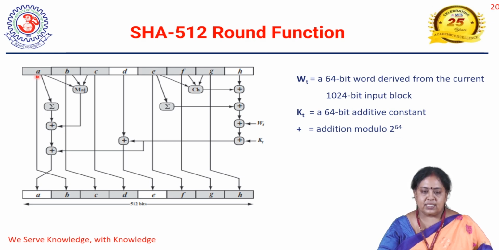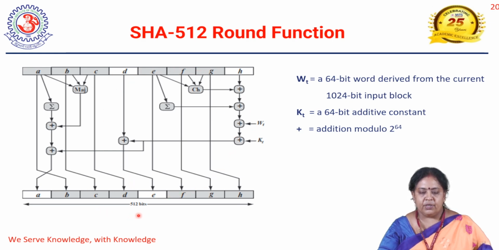So these are the 8 64-bit registers and how they are transformed for the next round. The A register becomes the B register in the next round, and these calculations will be done. A, B, C are given to a majority function, which is added to the summation of A, and it becomes the new A. Like that, some calculations are there, and this is the round function.